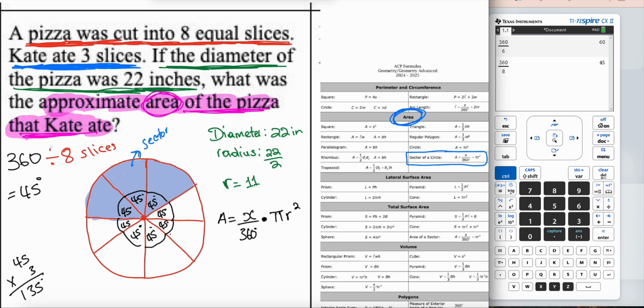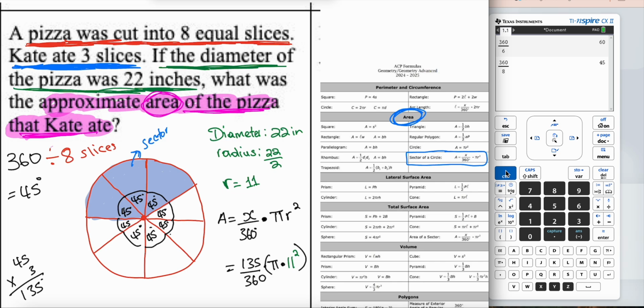So where it says X, we're going to put 135 divided by 360 multiplied by pi times the radius, as we have it right here, the radius is 11. So we're going to put 11 squared. Close parentheses.